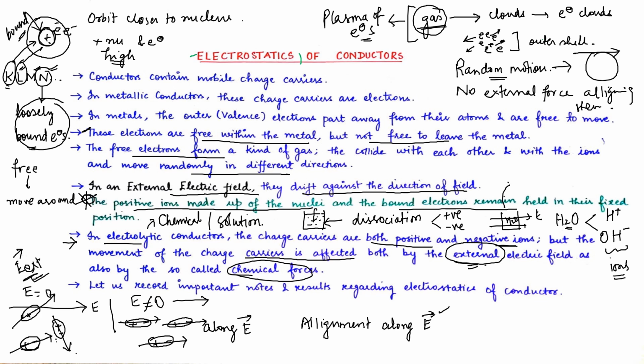Another example which I can give is HCl, that is hydrochloric acid. In that the ion formation is H plus and Cl minus. Another one which we can take is H2SO4, where H plus and SO4 2 minus are the ions. So these kinds of electrolytic solutions are there.